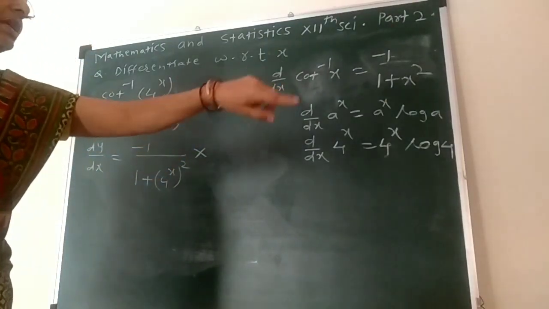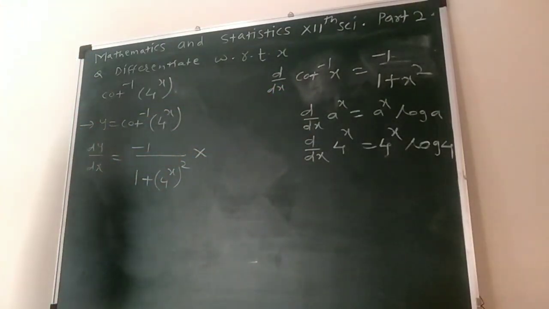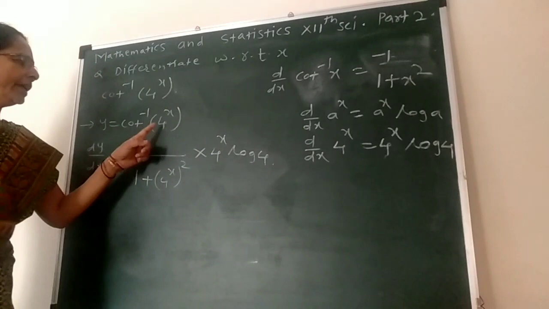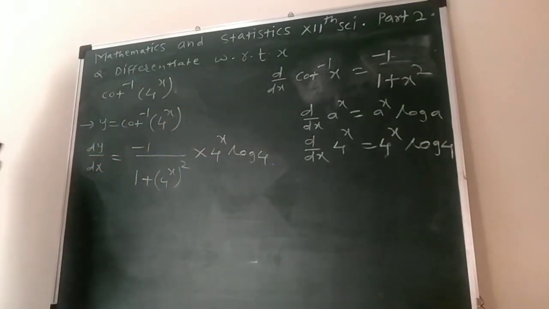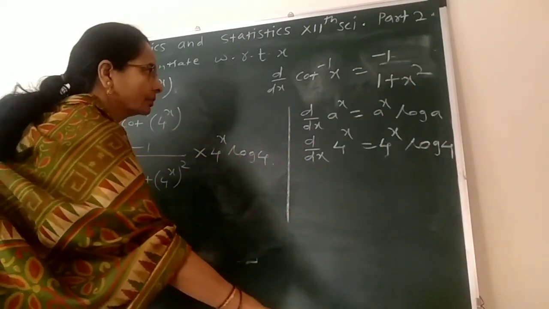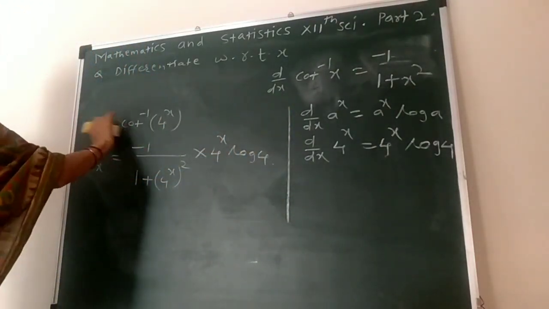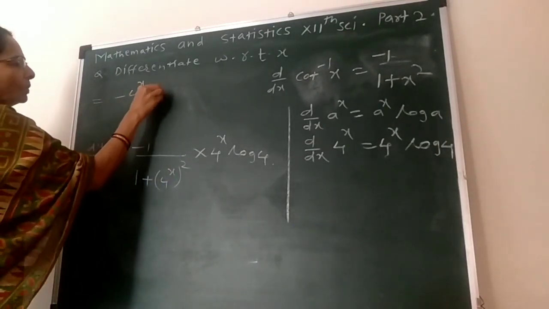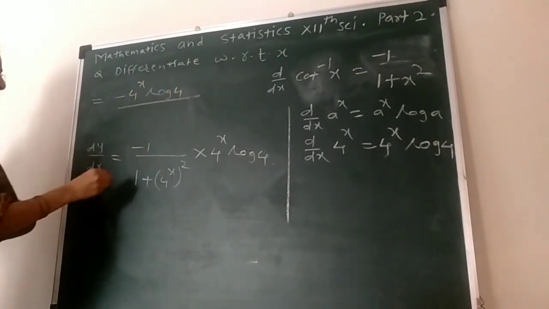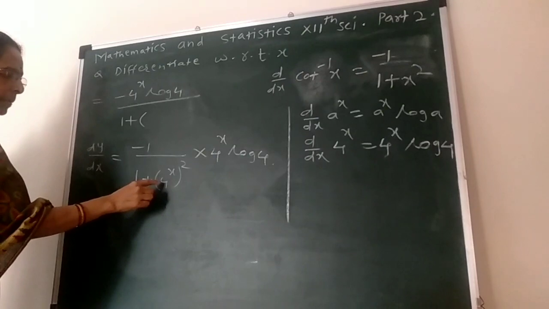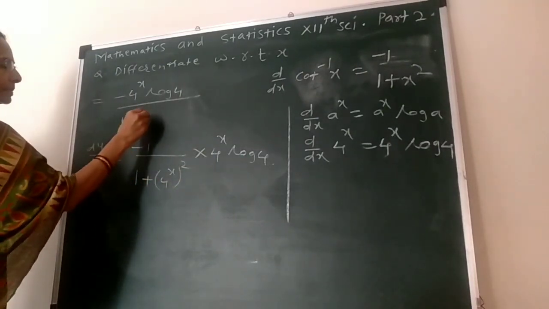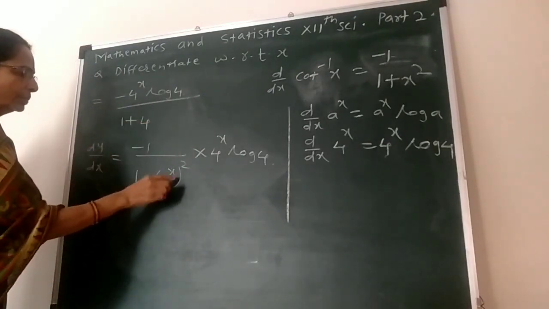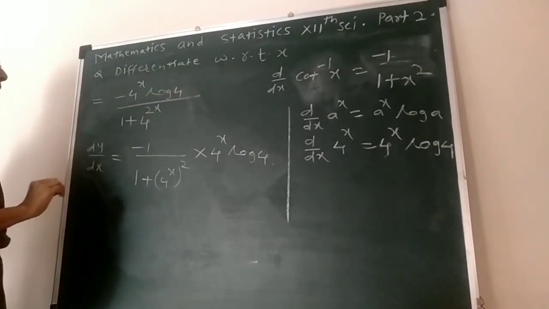So minus 4 raised to x log 4 upon 1 plus 4 raised to 2x. This is the answer.